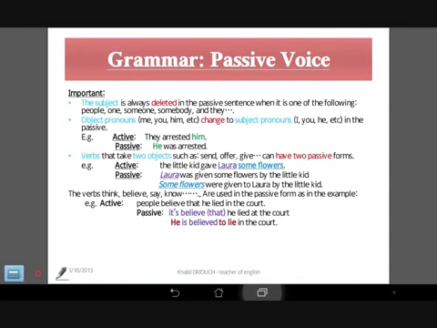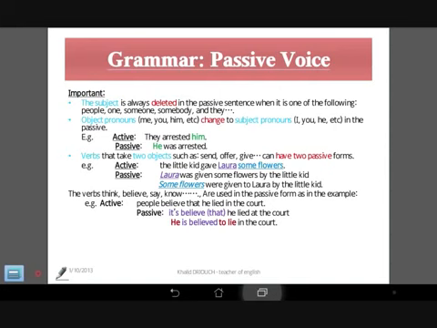The third important point is that some verbs in English take two objects, such as send, offer, give, and these verbs are going to have two passive forms. Example, the little kid gave Laura some flowers.